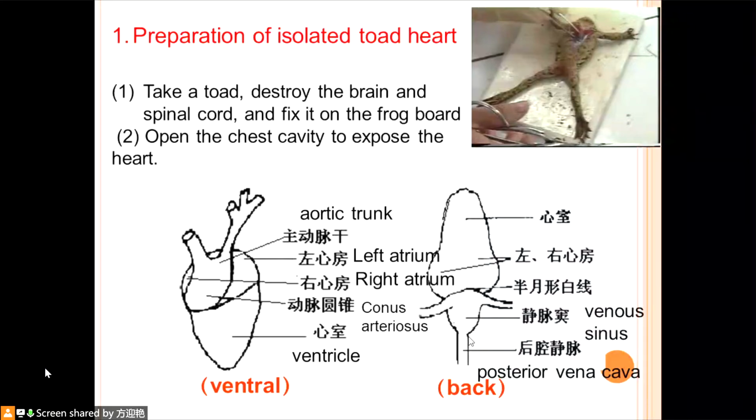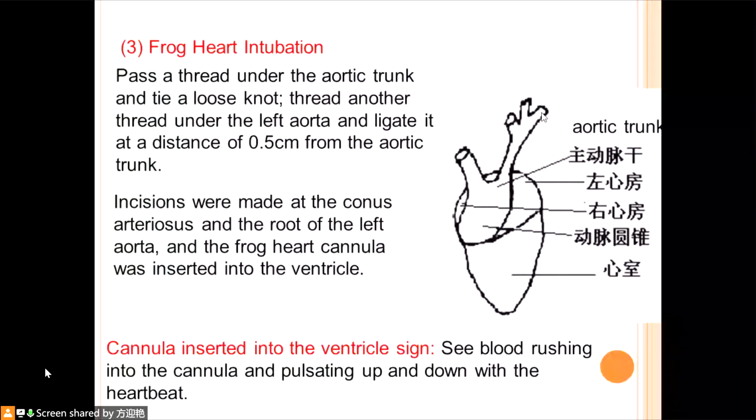This is tied tightly and then cut. Then the apex is cut and the heart can be isolated, completely separated from the body. Yeah. Understand here?